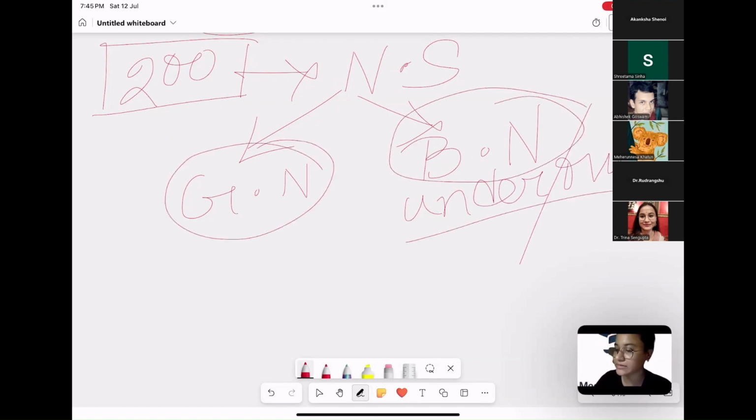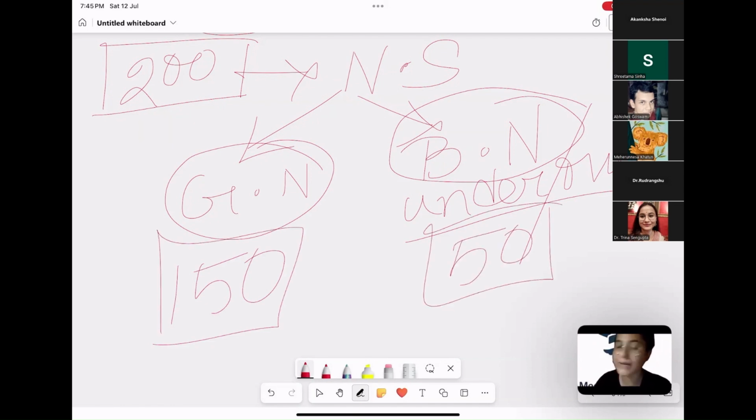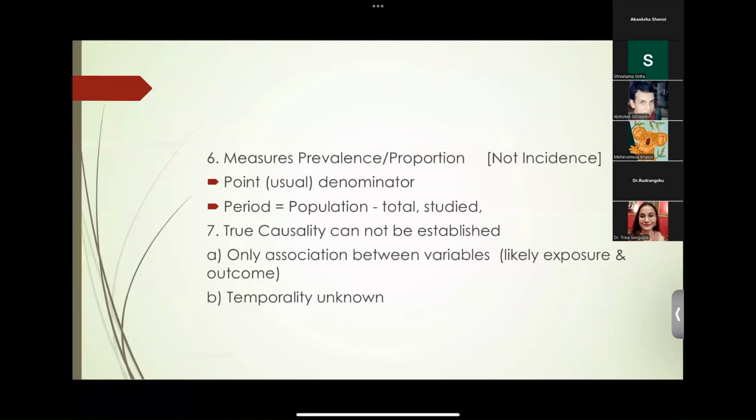Maybe 150 students are having everything correct, all are having good nutrition, and these 50 students are having malnourishment, undernutrition, or overweight or obesity. So this is what we have measured. That is another step of our study, that is measuring the prevalence or proportion, right?